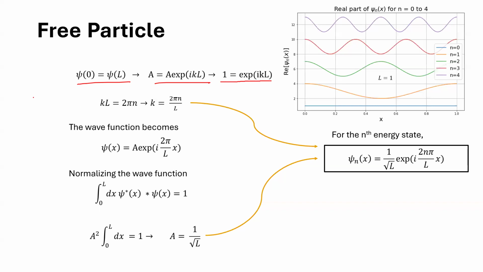It is because exponential of i times 2 pi n is equal to 1. So remember that n are like 1, 2, 3, and so on. These are actually integer values.